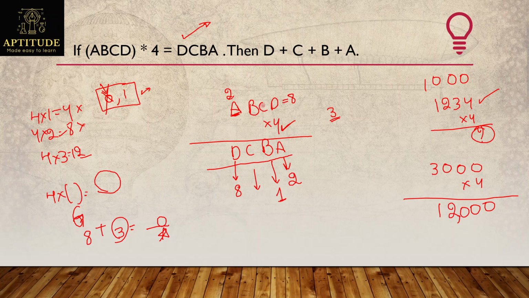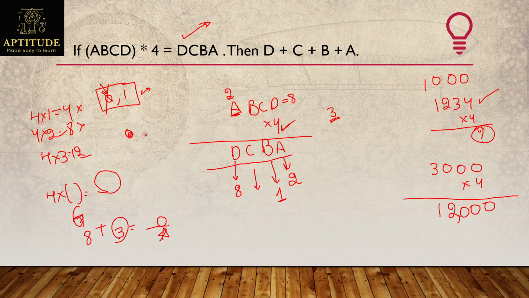Now I need to select c value such that if I multiply c value with 4 and add 3, I should get 1 as a unit digit. What are the possibilities left over? C value cannot be 0. If c value is 0, 0 into 4 will be 0. 0 plus 3, it is ending with 3.